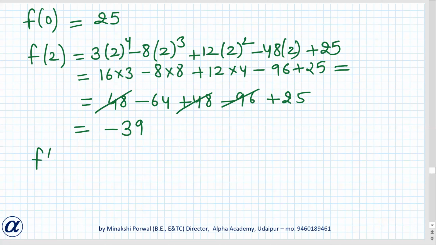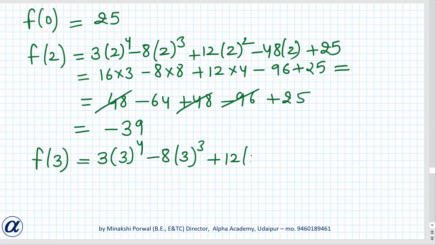And f of 3 is equal to 3 into 3 to the power 4 minus 8 into 3 to the power 3 plus 12 into 3 square minus 48 into 3 plus 25.